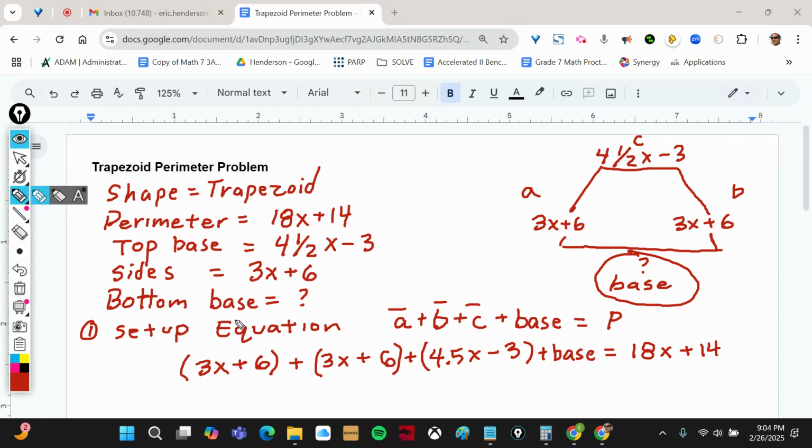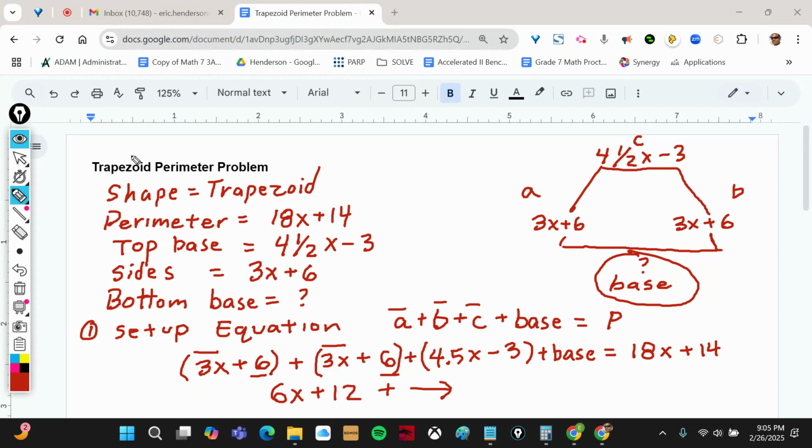We combine like terms, so the 3x and 3x and the 6 and 6 give us 6x plus 12, and then plus everything else. So go ahead and add that to the notes, and then I have to delete this and we are going to pick up from there.